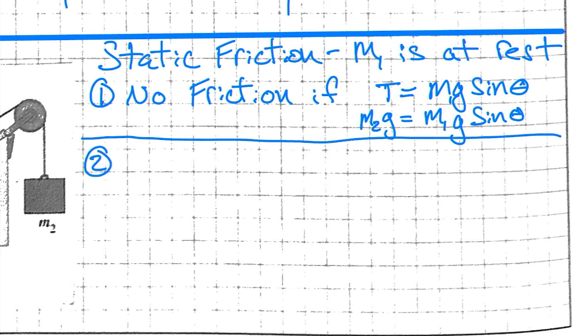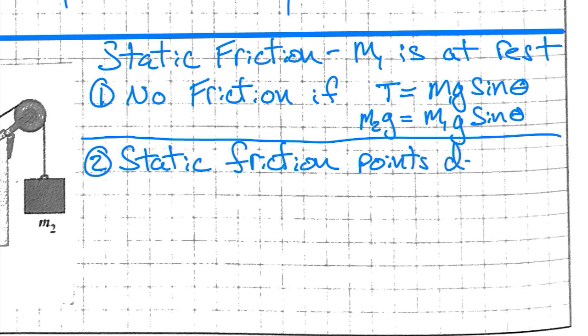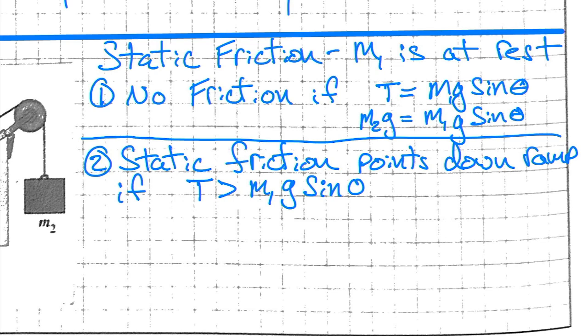Next, static friction points down the ramp if tension is greater than m1g sine theta.